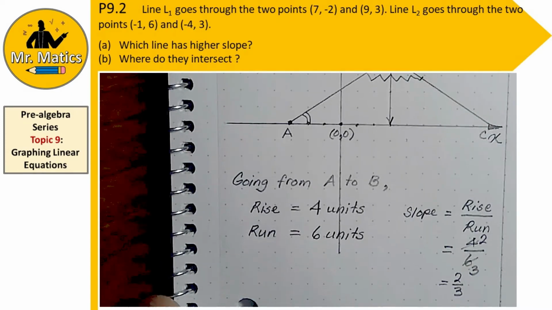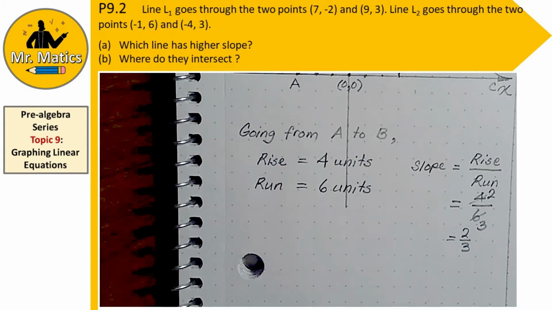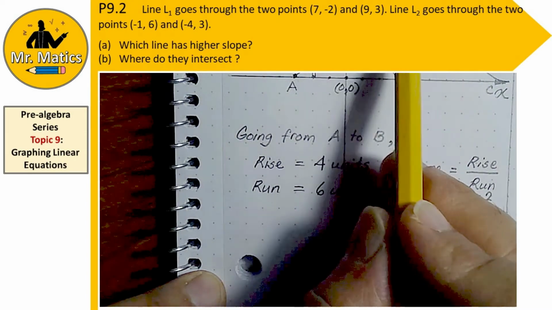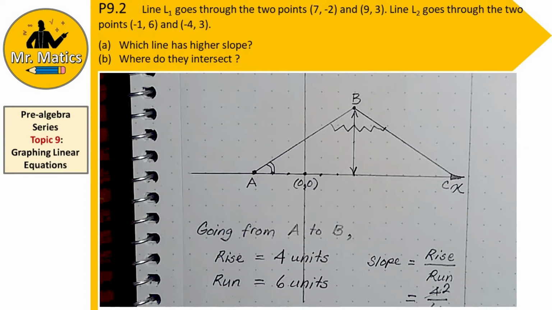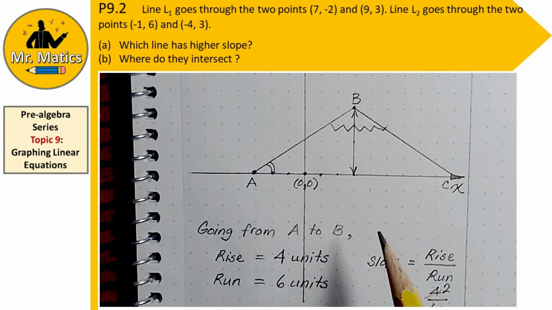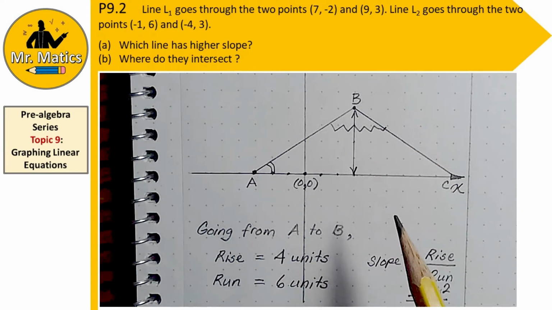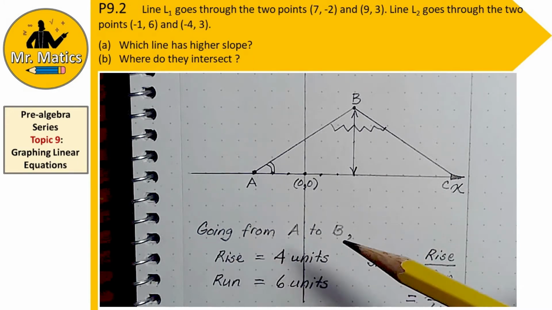Okay. But let's say we want to go from B downward to C. In that case, you are actually climbing downward. So your rise is actually negative. You're not rising upward. You're sort of rising downward, so to speak. We don't use a different word, we still use the word rise, but make it negative.